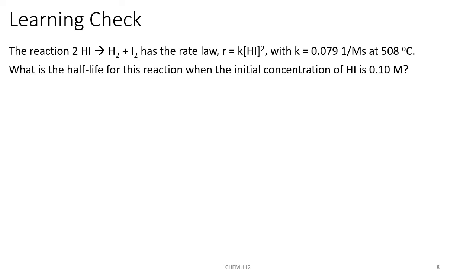We can figure that out though because we were given the rate law for the equation. We only have one species and it's raised to the second order here. So it must be an overall second order equation. So we're going to have to use our second order half-life. Also the units that are associated with K, 1 over molarity times seconds, are the units that will always be for a second order kinetics equation.